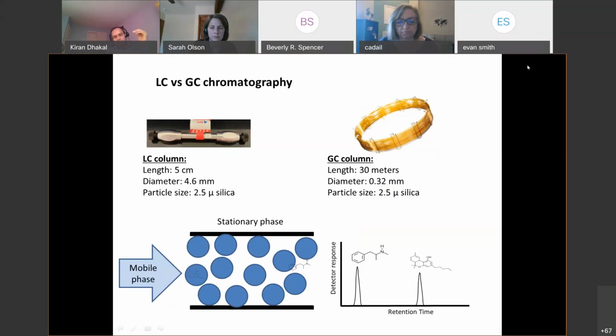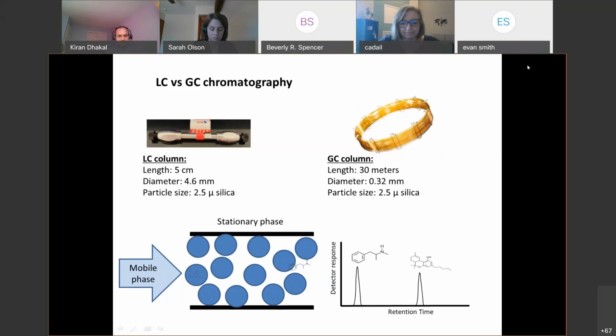And then when you move your mobile phase through that stationary phase, basically water in the liquid chromatography or nitrogen gas in the gas chromatography, your drug will have a different affinity with the stationary phase, and they will elute at different times. For example, you can see amphetamine and THC eluting at different times.